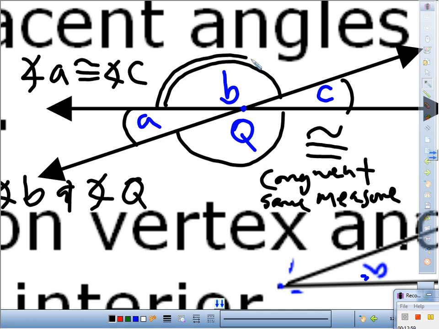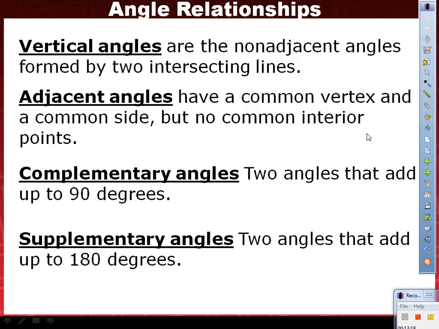That is correct. We do a double arch. Yes, it looks like a rainbow. So that's how you can distinguish one from the other. Okay? Any questions with vertical angles? Okay? All right, let's move on.